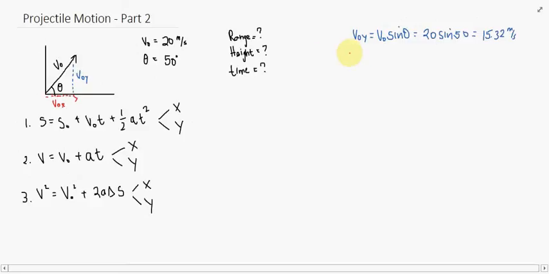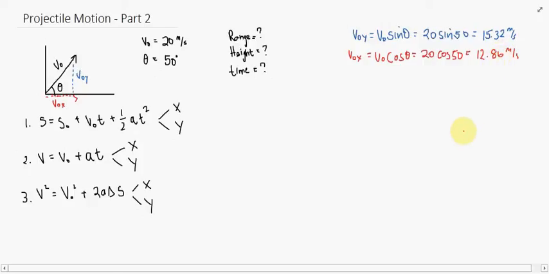This v sub naught x is just v sub naught times the, sorry, not the sine, times the cosine of the angle, which is then going to be 20 times the cosine of 50, and that's going to give me 12.86 meters per second.